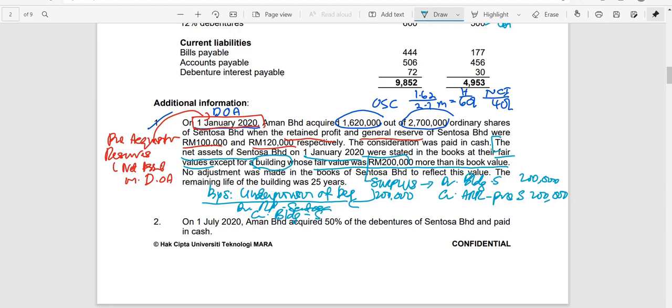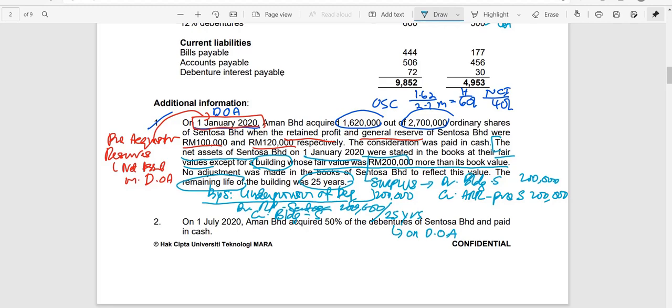How much will that be? There will be 200,000, and you need to check the information regarding the remaining useful life of 25 years on the date of acquisition. So this 25 years is on the date of acquisition.